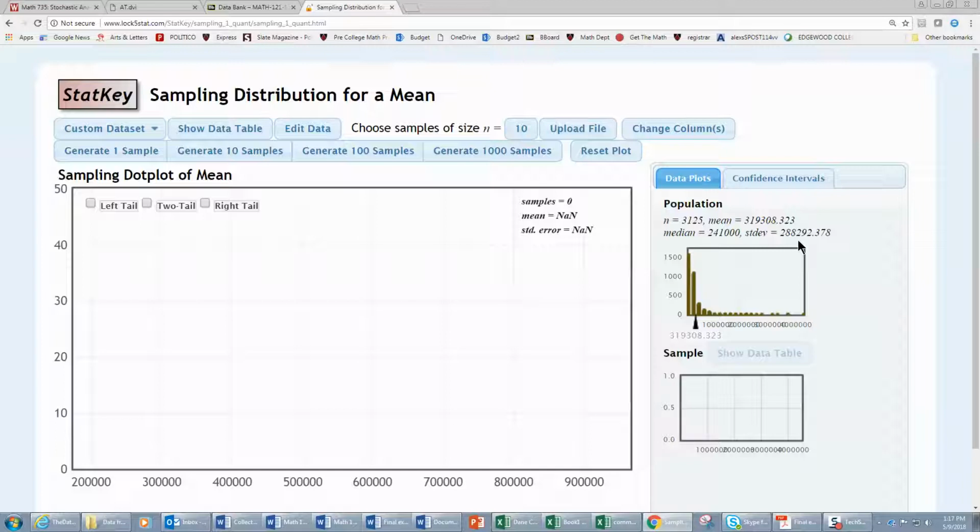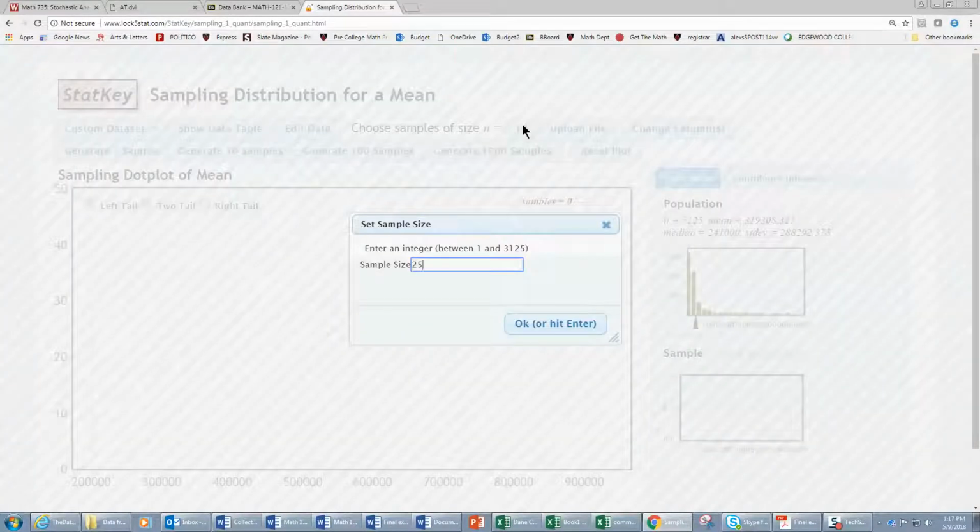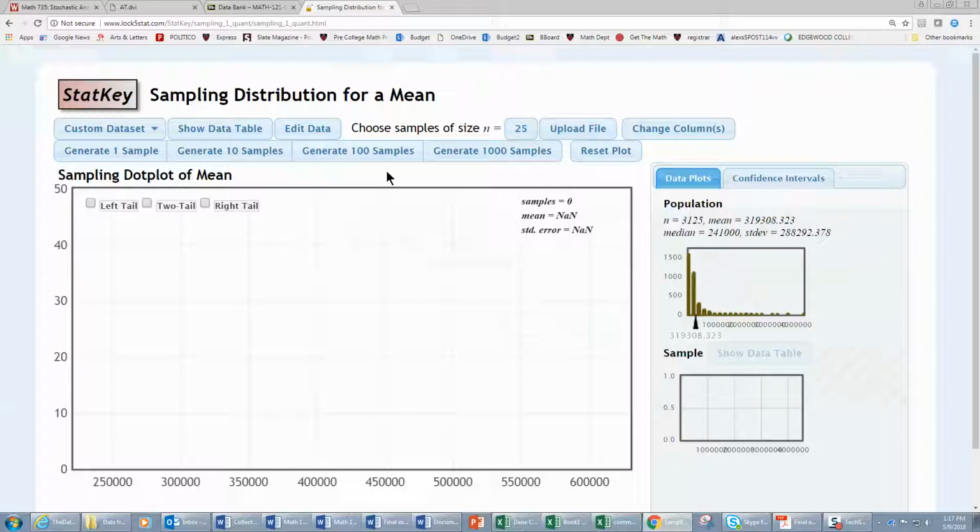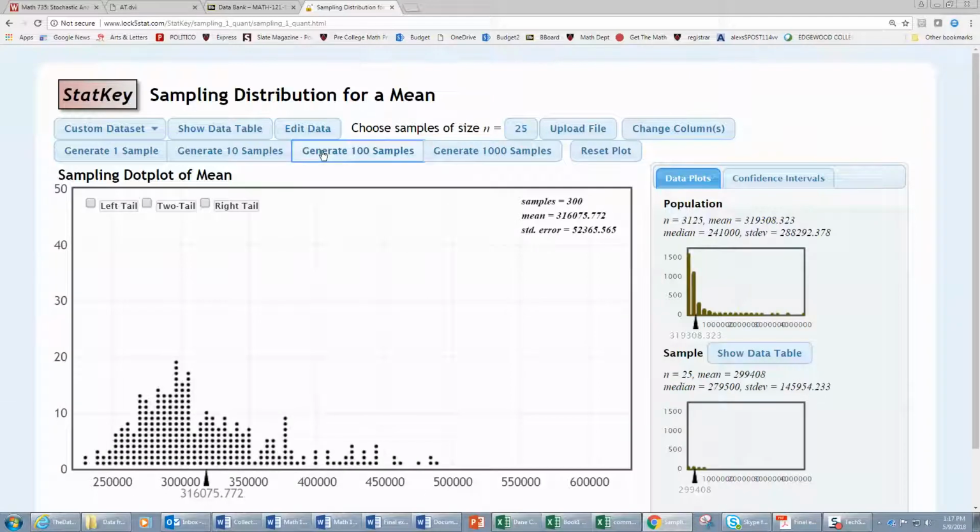So there's a huge amount of variation in the prices, which is not surprising because we know that there are some really expensive houses. Now let's look at samples of size, let's say, 25, and generate several hundred samples of size 25.